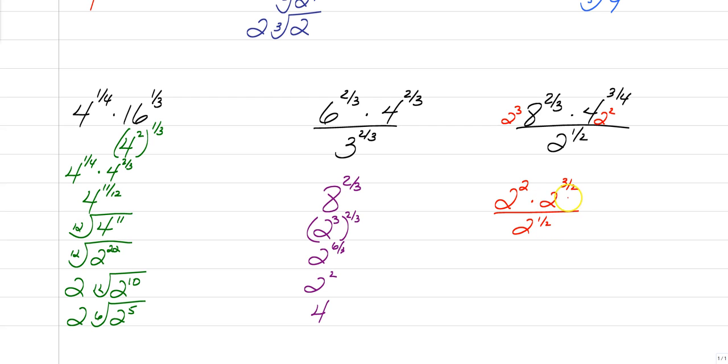When you multiply, you add your exponents, so 3/2 plus 2 is 7/2, so that's 2 to the 7/2 over 2 to the 1/2. Subtract because you're dividing. 7/2 minus 1/2 is 6/2, which is 3. So that's equal to 2 cubed, which of course is 8.